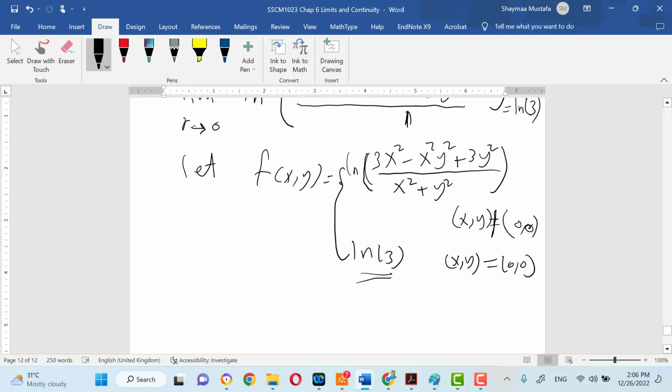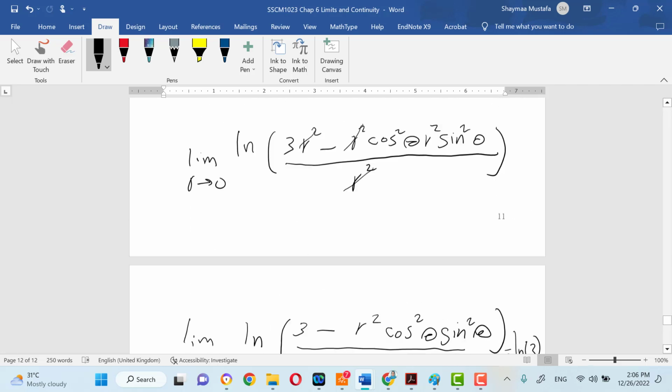Why? Because the limit here is equal to the natural logarithm of 3. So the function at the same point should also equal the natural logarithm of 3. Only in this case is the function continuous at this point.